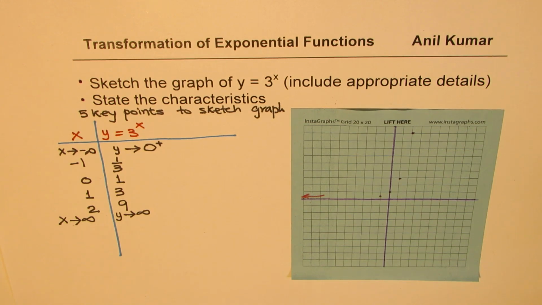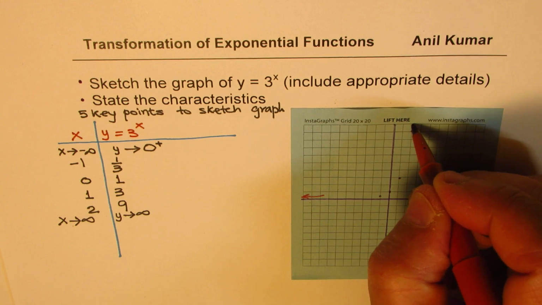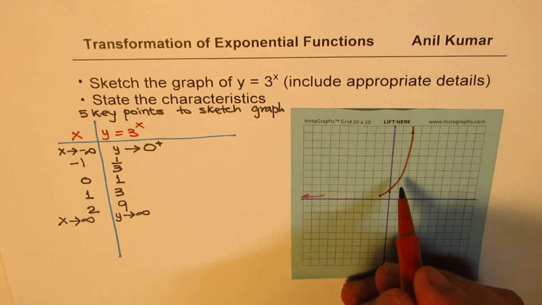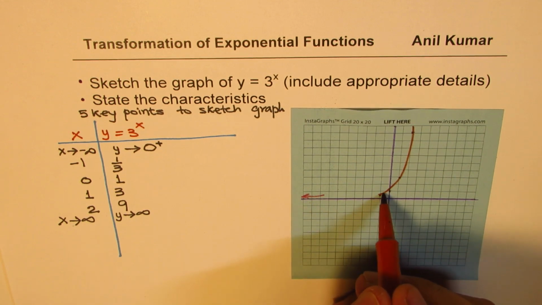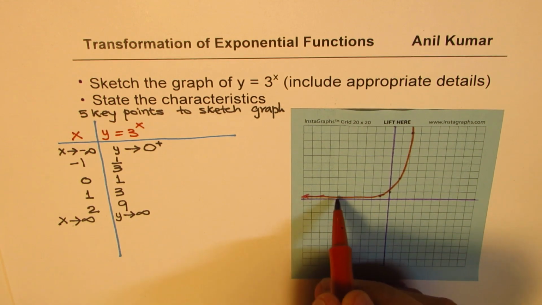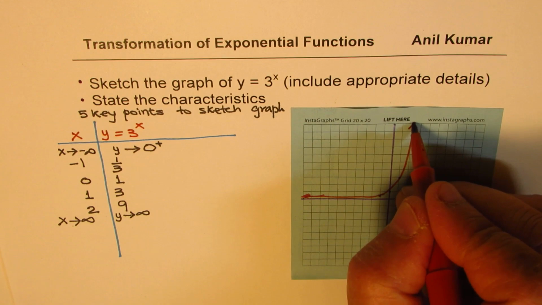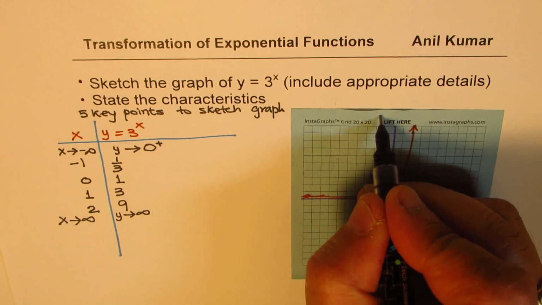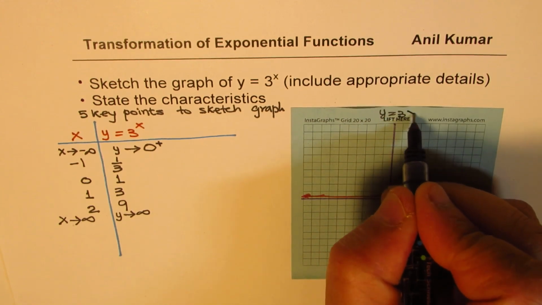Connecting these points, we could get the graph. So we have this graph which will be like this. Do you see that? You have to connect these points and then draw a smooth curve approaching 0. So that becomes your exponential function y equals 3 to the power of x, right?